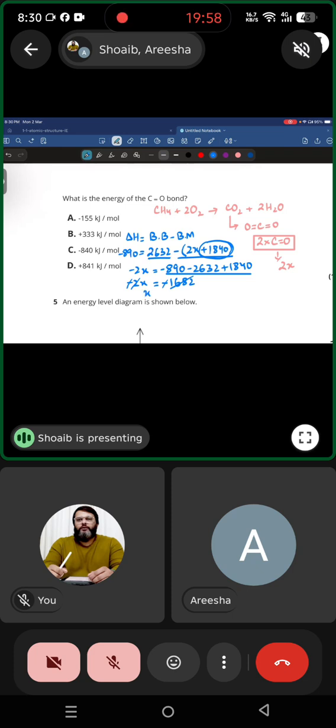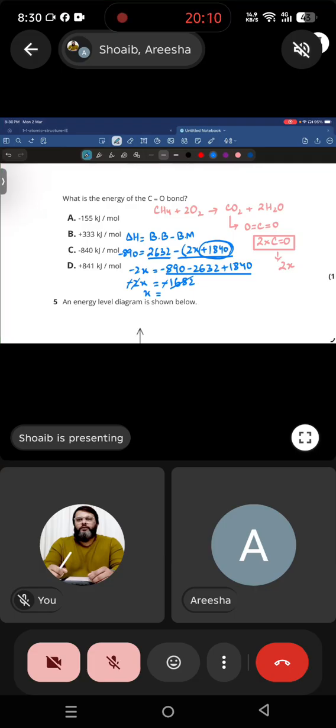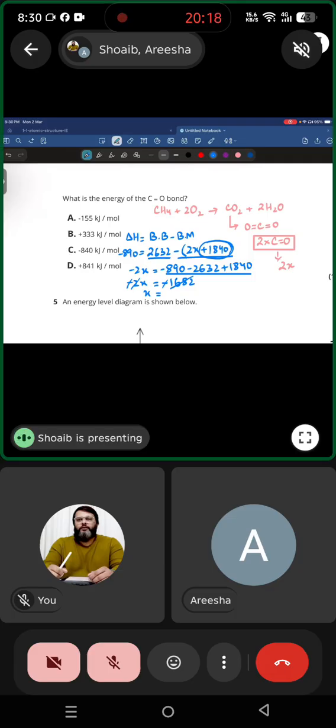What answer will you get? 1682 divided by 2, you will get the answer positive 841. Positive 841 kilojoules per mole, which is D, the correct answer.